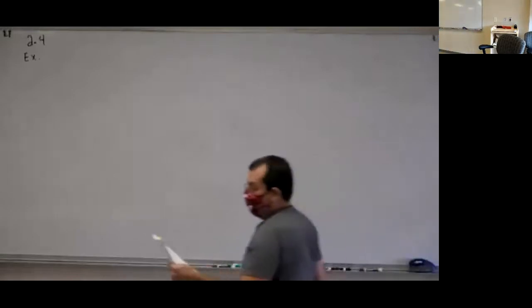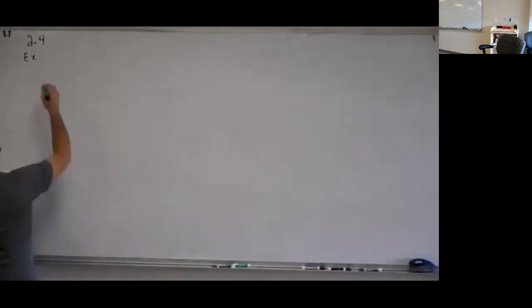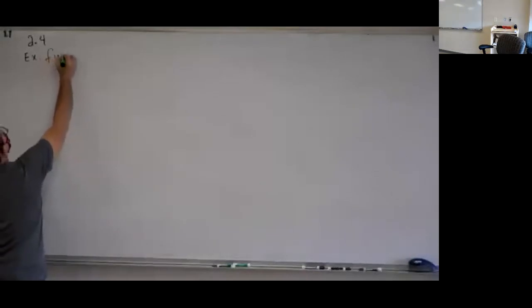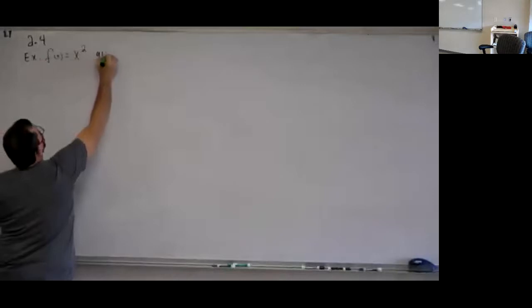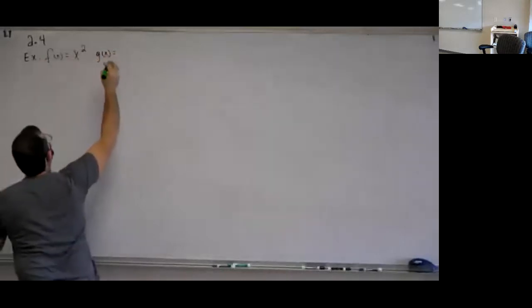All right, y'all, so they're giving me two functions. They're giving me f of x is going to be x squared, and g of x is 4x minus 7.